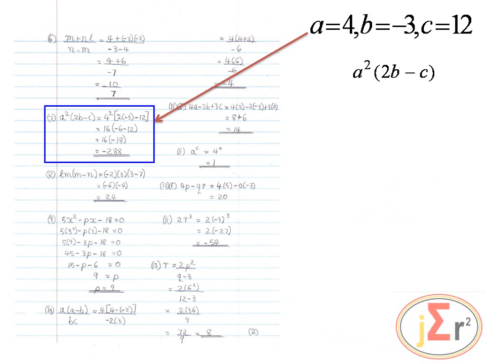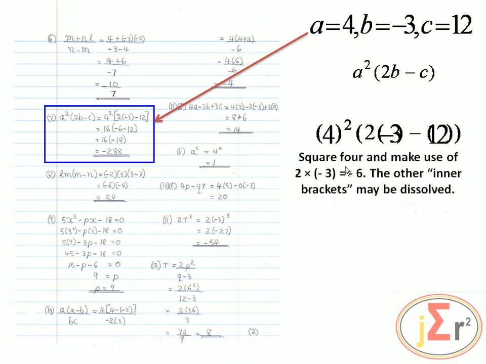A squared multiplied by all of 2b minus c, and we put A into its slot right there. What about b? Only 1 for b and only 1 for c. 4 squared is 16, and what do we have here? 2 times negative 3, that's a negative 6. But let's see what the instruction says.